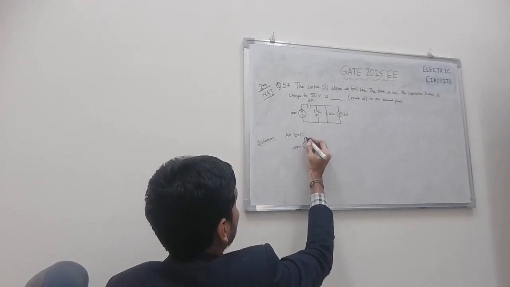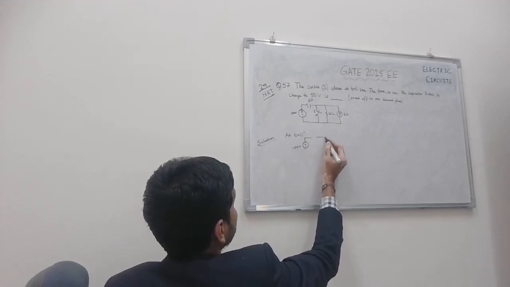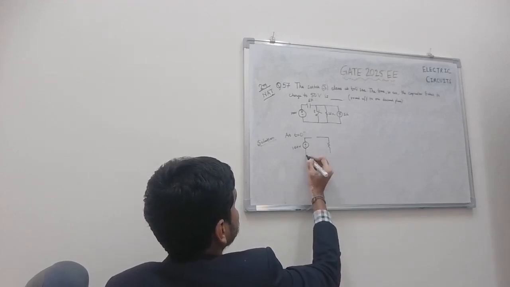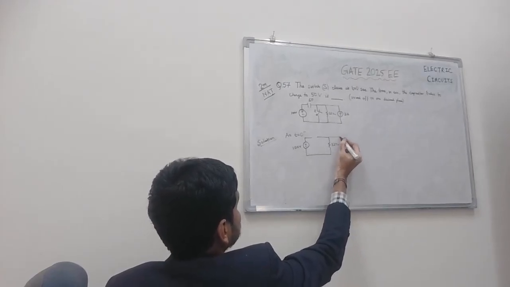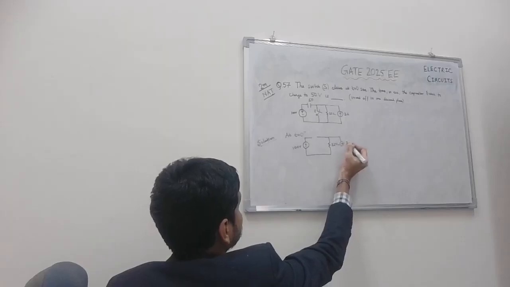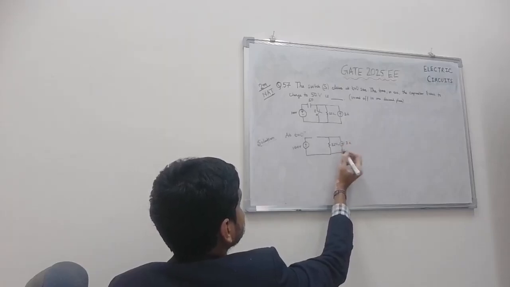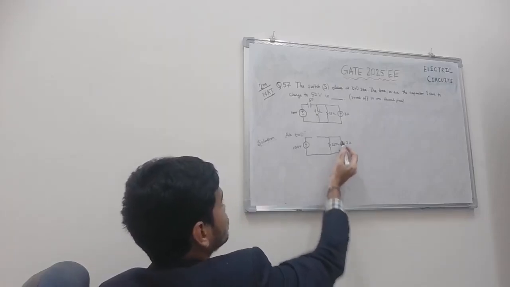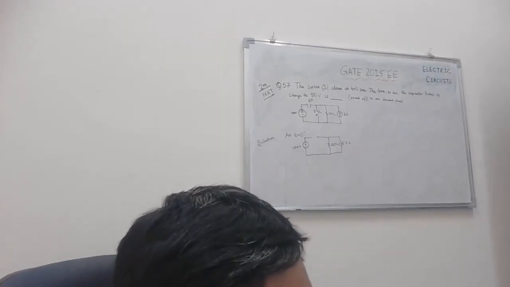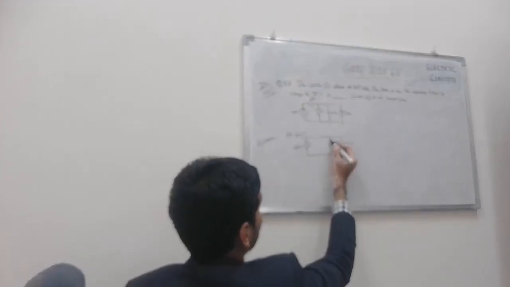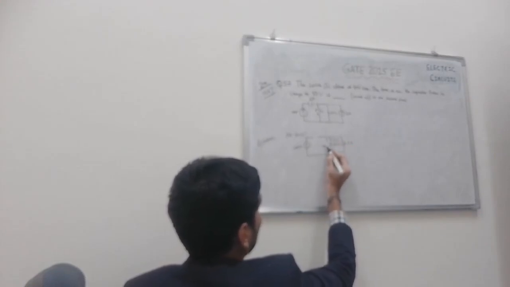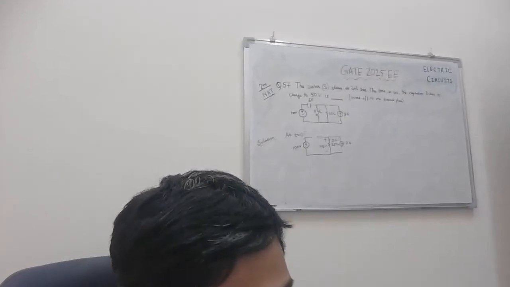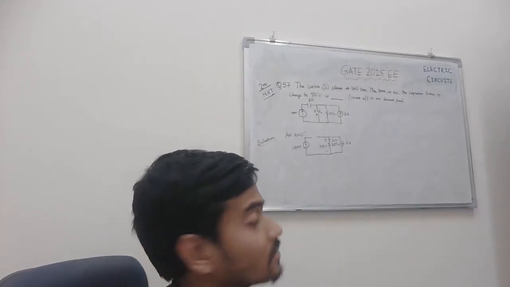The current is 3 amperes through 25 ohms, so that is 75 volts.